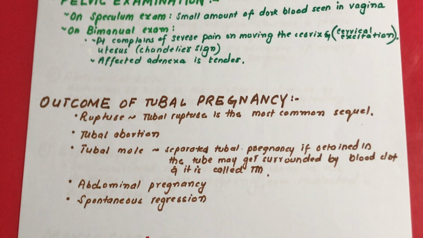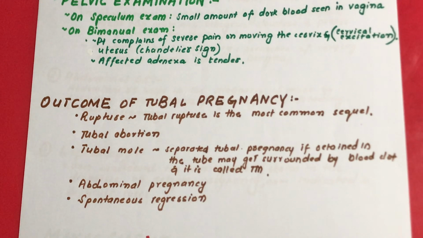Look, the ectopic tube is not designed to carry a pregnancy, okay? So the more it stretches, the more is the chance of a rupture. So commonly the tubal pregnancy results in rupture, then tubal abortion.